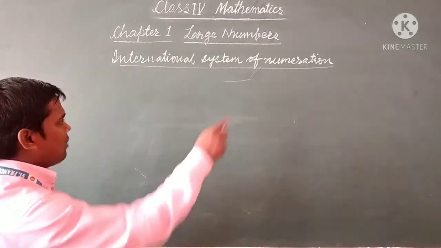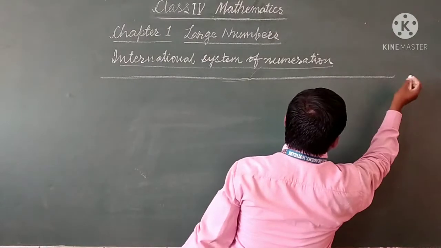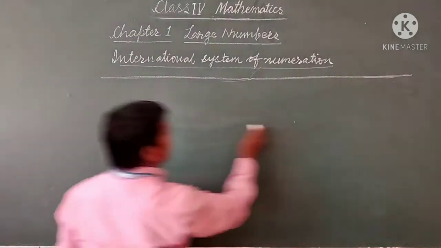But here also I am going to discuss it. First we will draw the place value chart of the international system of numeration.